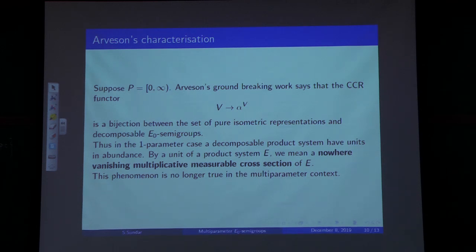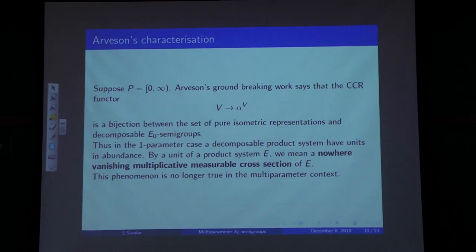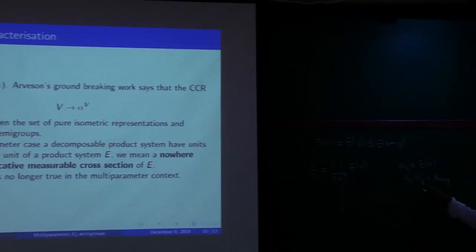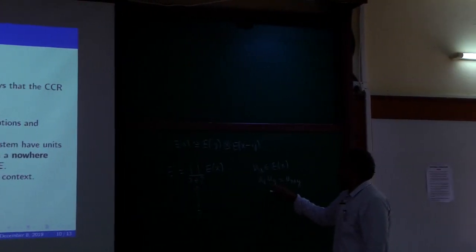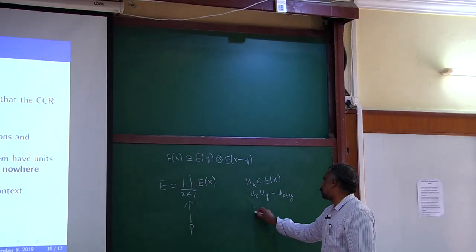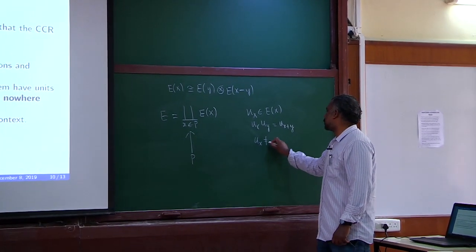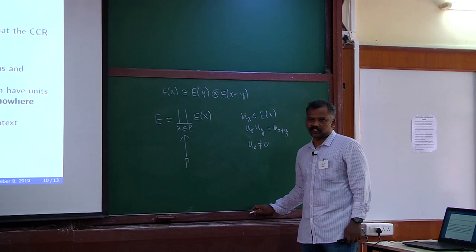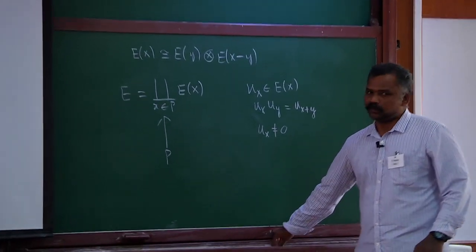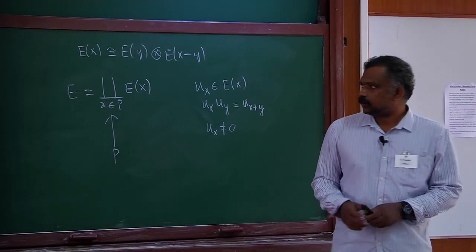That is, for Ux in Ex, Ux tensor Uy is Ux plus y, and Ux should be non-zero. So it's a nowhere vanishing cross section of the product system which is multiplicative.